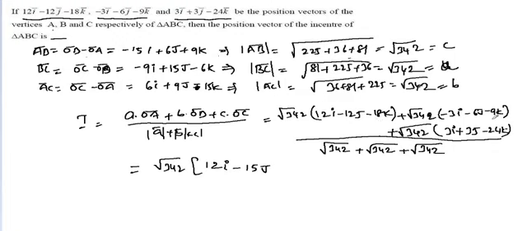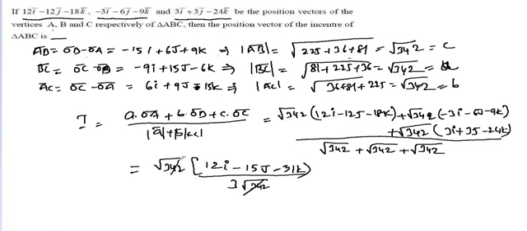Minus 18k minus 9k minus 24k, that is minus 51k, by 3 into root 342.